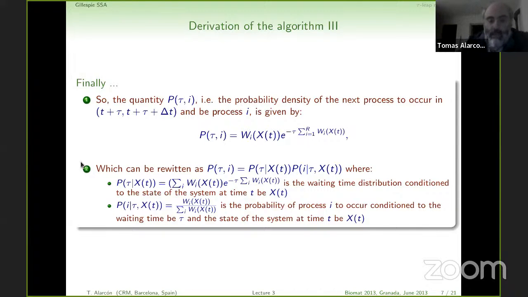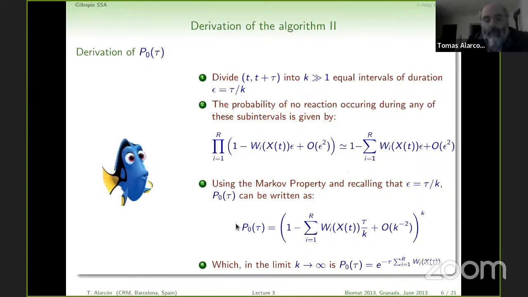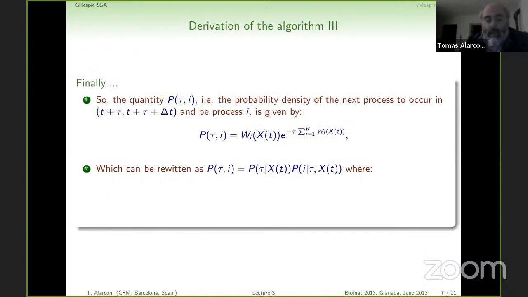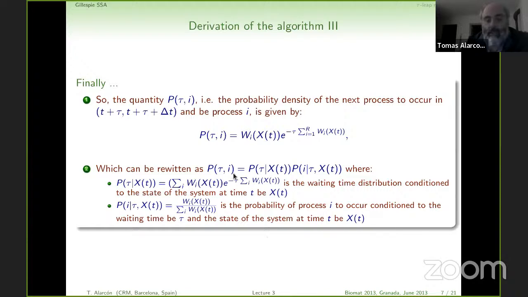Here we see this explicitly. By reformulating the master equation in this particular way, by means of the Markov property, which is the one that allows us to write this quantity in this way, we can deduce that the waiting time distribution is going to be an exponential.